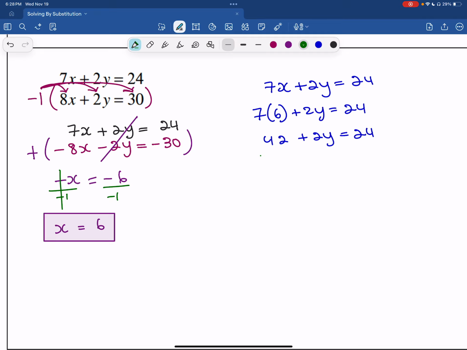I need to move the 42 over to the right side, so I'm going to subtract 42 from both sides. That will cancel, and we're left with 2y is equal to 24 minus 42, which is just -18. And then our last step here to solve for y is to divide both sides by 2. This will cancel, and y is equal to -9.